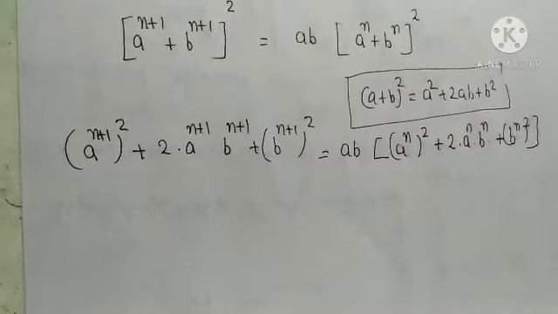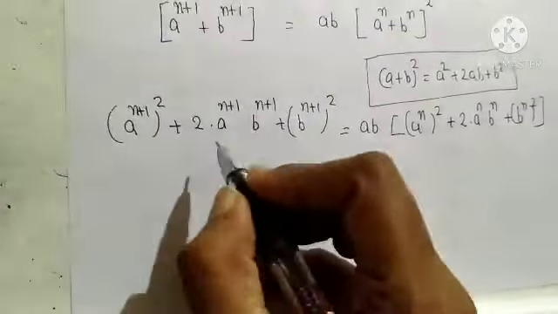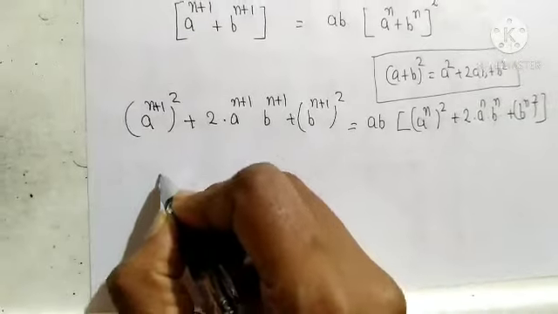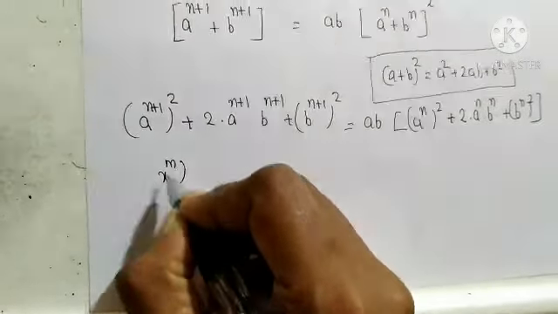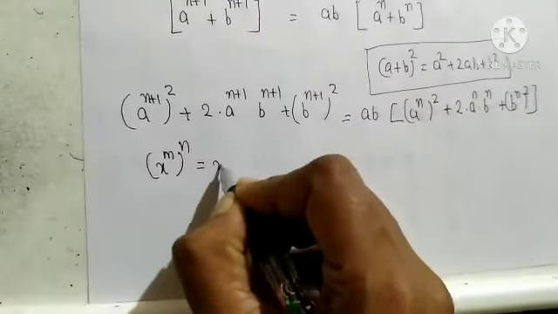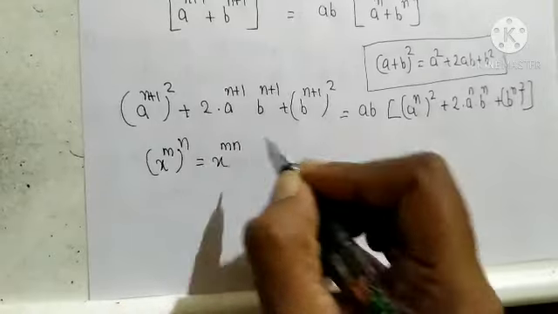So next I am going to use the law of exponent. x raised to m whole raised to n can also be written as x raised to mn, right?